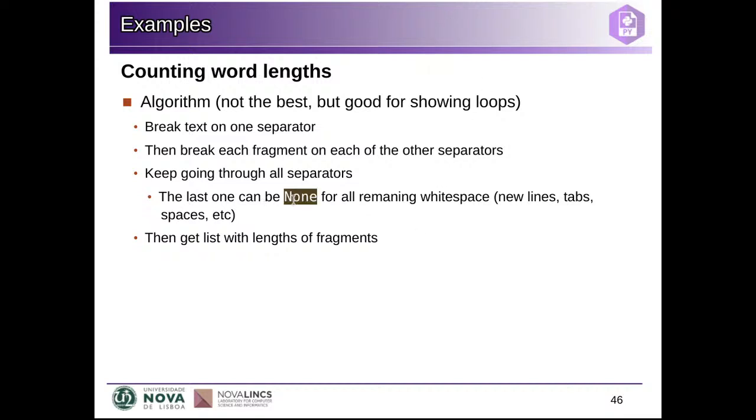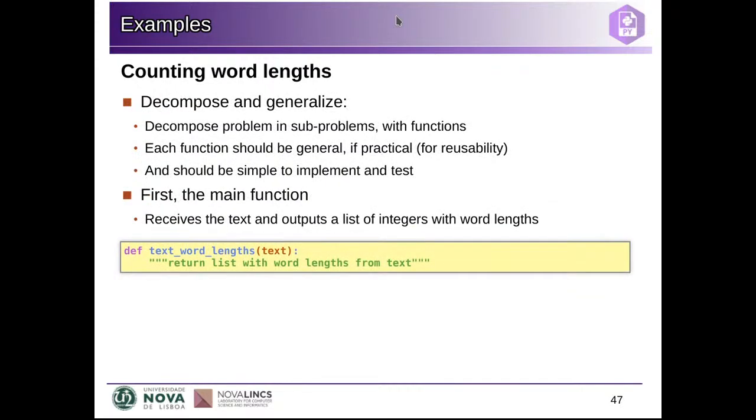But once we have a list of words, we can loop through all the words and get the length of each. So the purpose of this example is to show you how to decompose the program and try to program it in different solutions to sub-problems, which will be the functions we're going to write. So let's start with the main function.